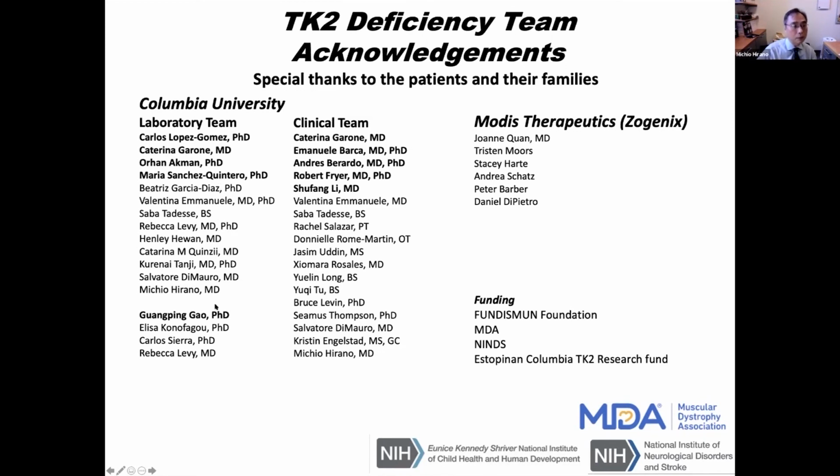And of course, originally we collaborated with Guanping Gao, University of Massachusetts at Worcester, who's helped us with the AAV vector production and design. And the clinical team, both at Columbia, and I'll mention the ones in other countries as well. And we're now partnering with this company who's leading really the work, and the early work was funded by MDA and NIH, as well as some private foundations.